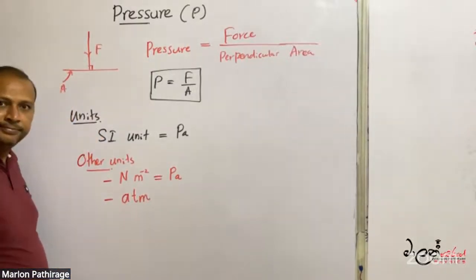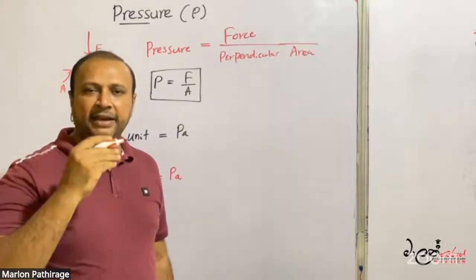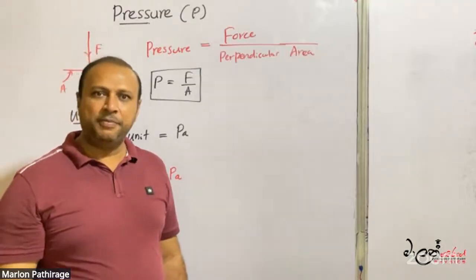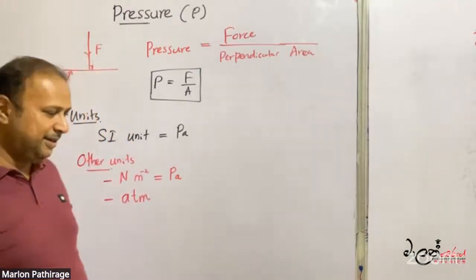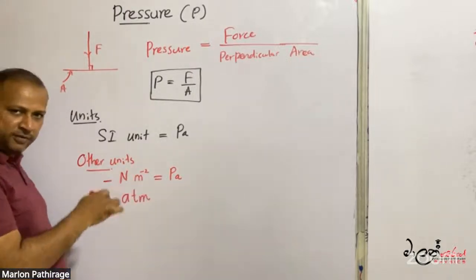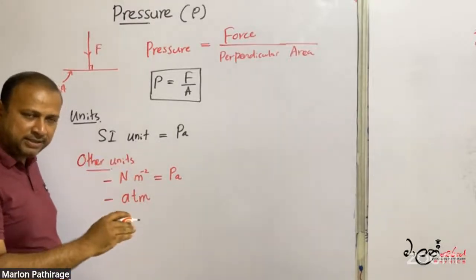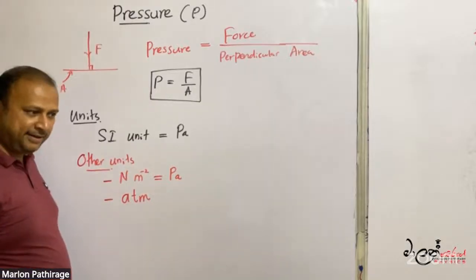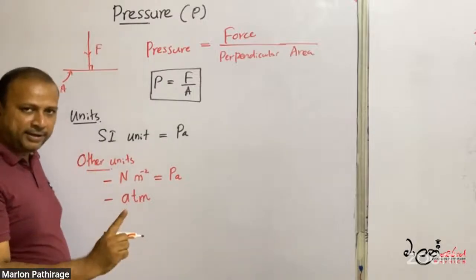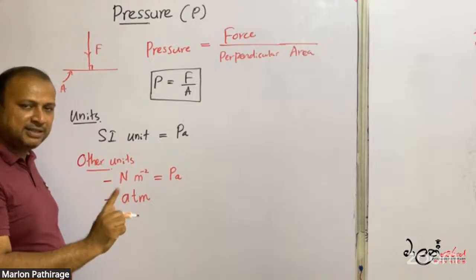ATM means if atmospheric pressure is 1, then with respect to that pressure we can define the pressure of some place. Therefore, ATM is relative to the atmospheric pressure. We consider the atmospheric pressure at ground level or sea level to be equal to 1.